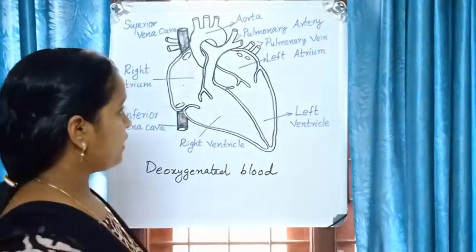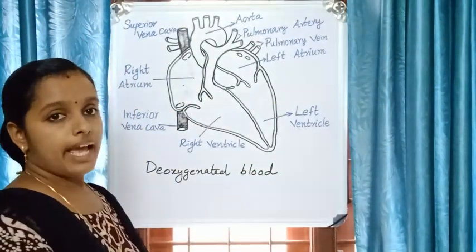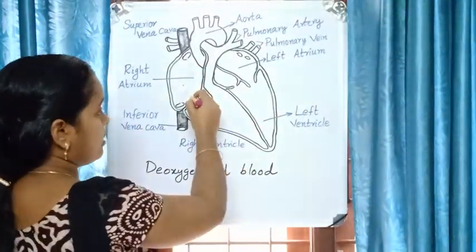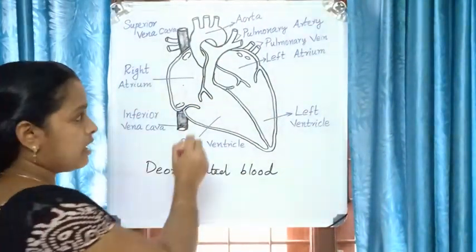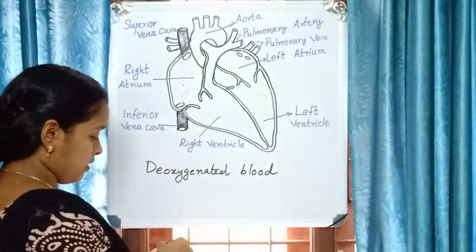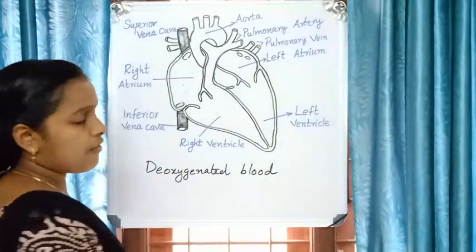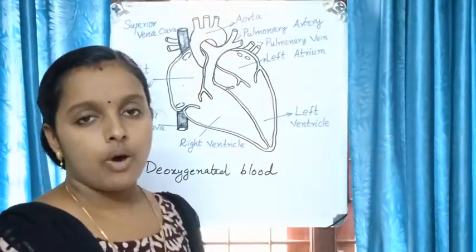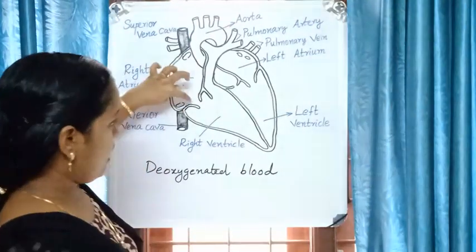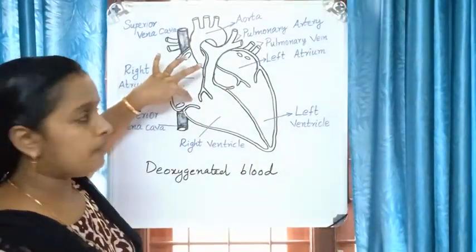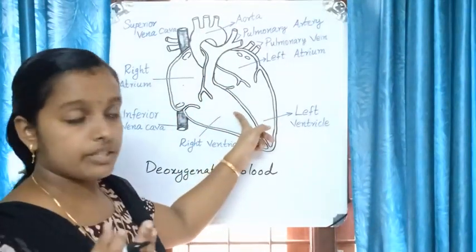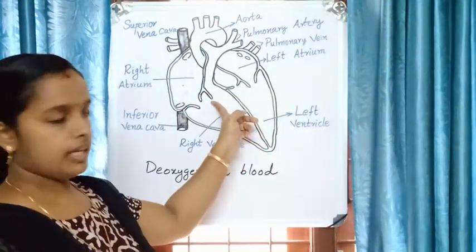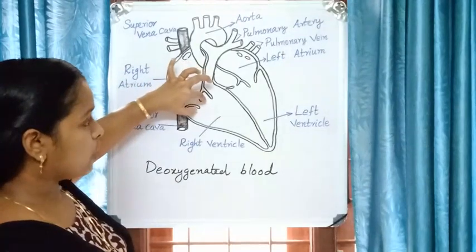Then after that, the blood will enter through this opening. Here we can see one valve. What is the meaning of valve? A valve allows the movement of blood only in one direction. When the blood tries to move backward, the valve will close.